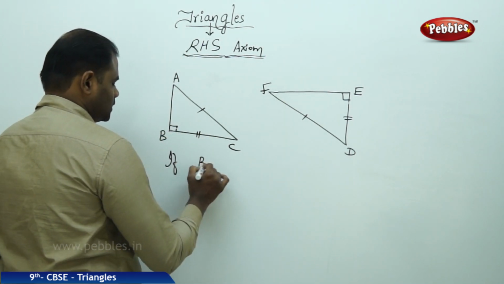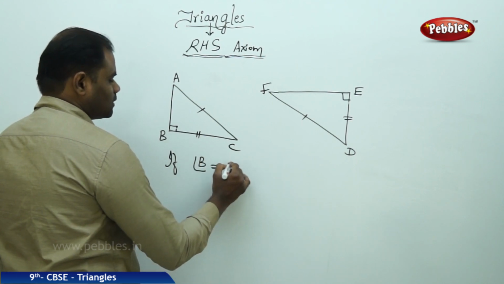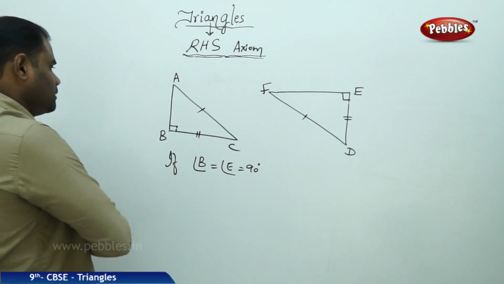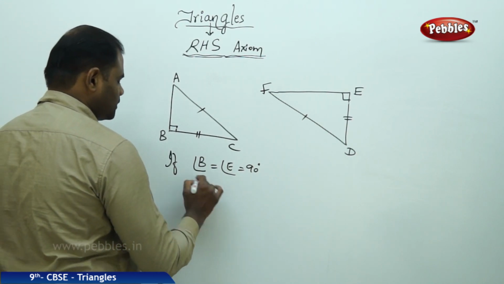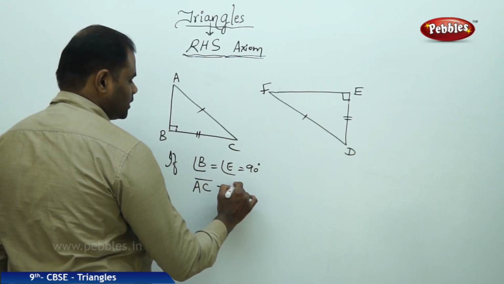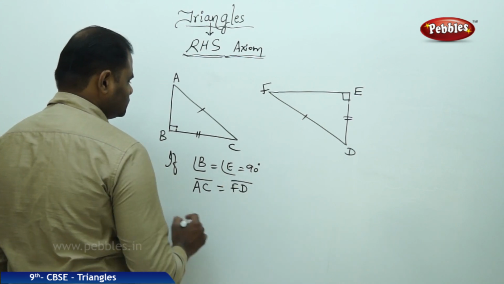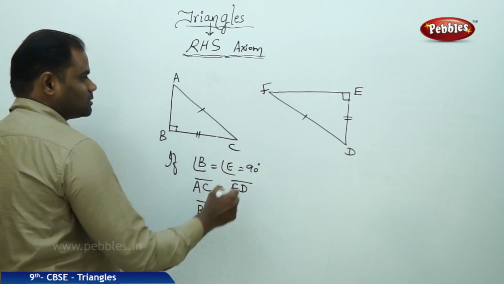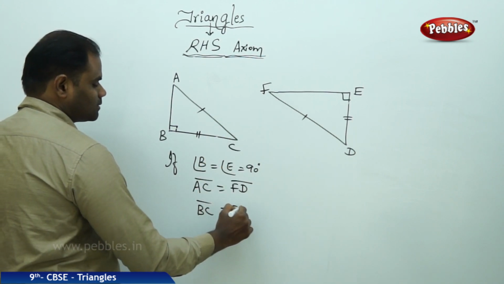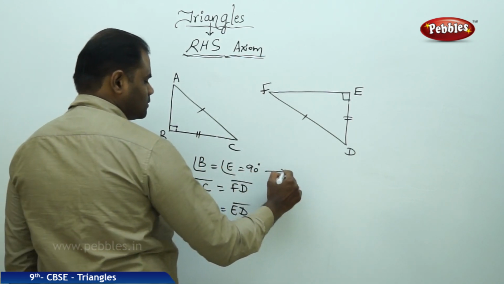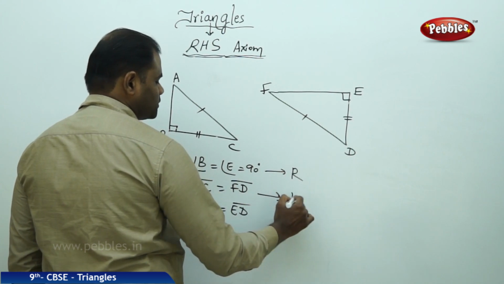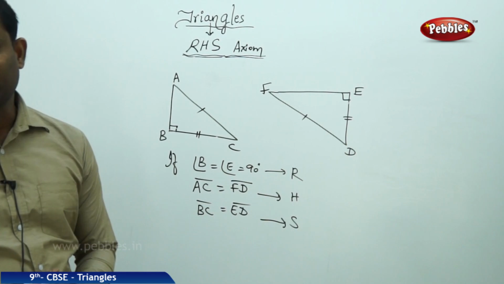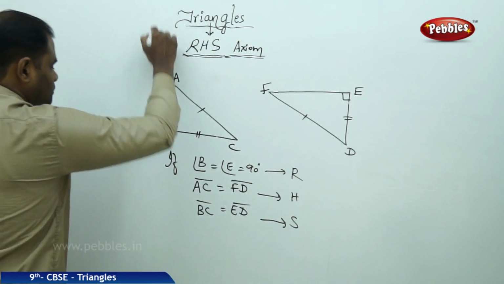If angle B equals angle E, which is 90 degrees, and my hypotenuse AC equals my hypotenuse FD, and my side BC equals my side ED, by RHS axiom, I can say the two triangles are congruent.